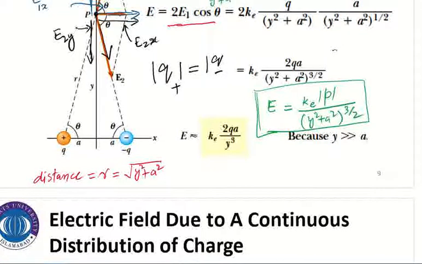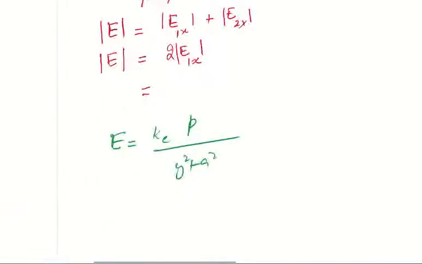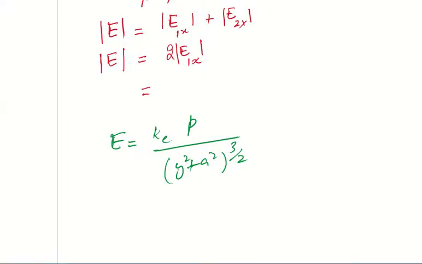E equals ke times P divided by y square plus a square raised to the power 3 half. And what we do here, we are considering the case for which y is far away from the dipole.